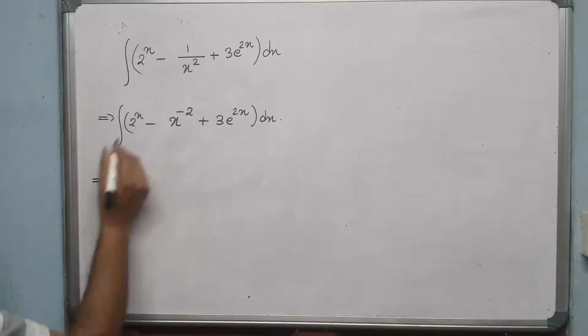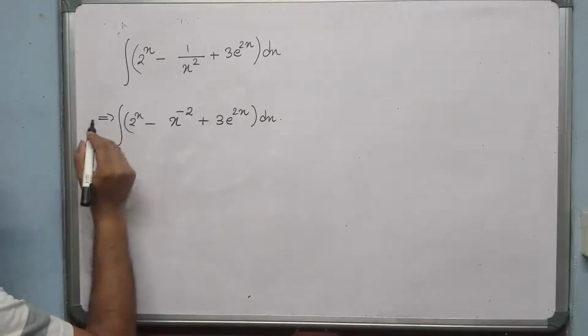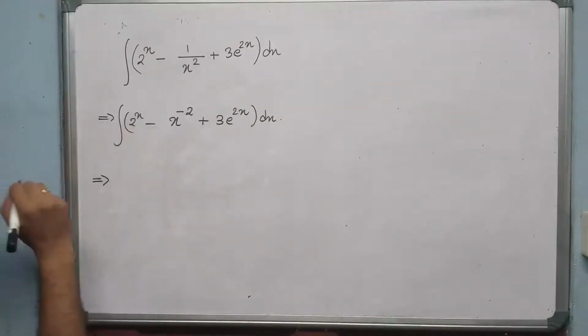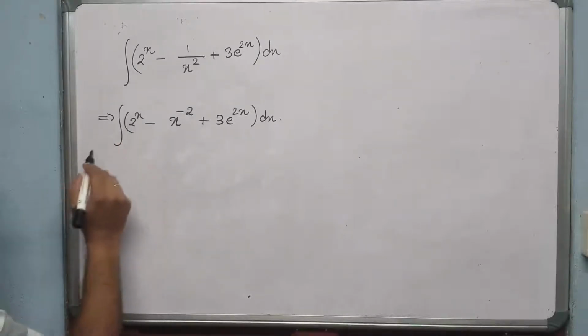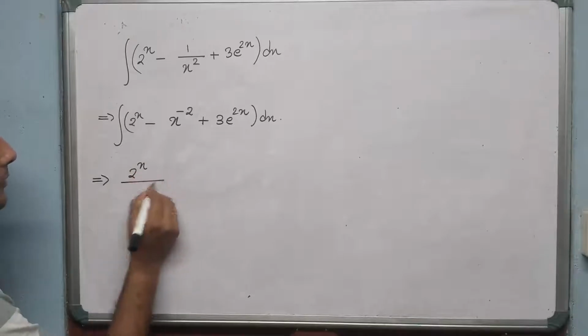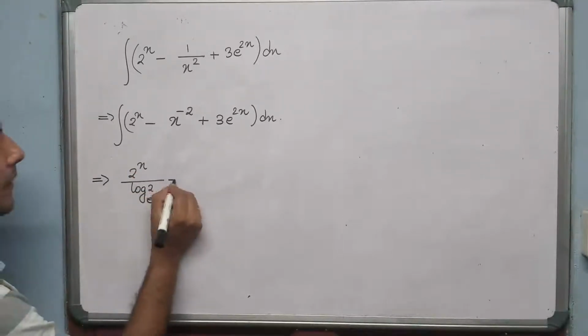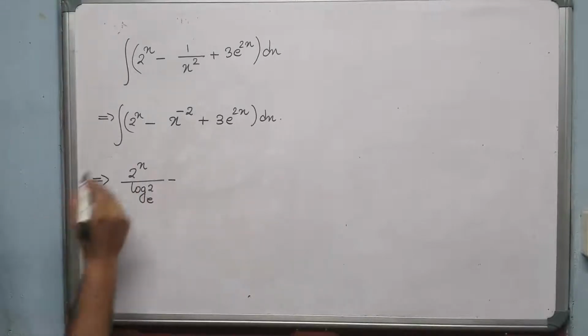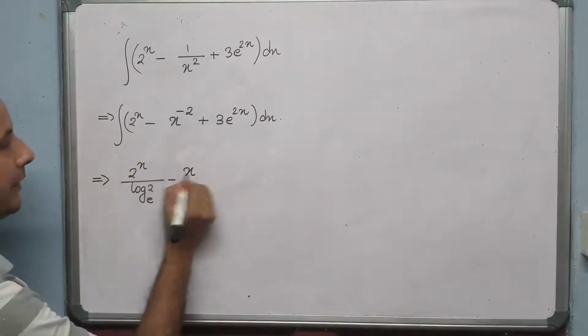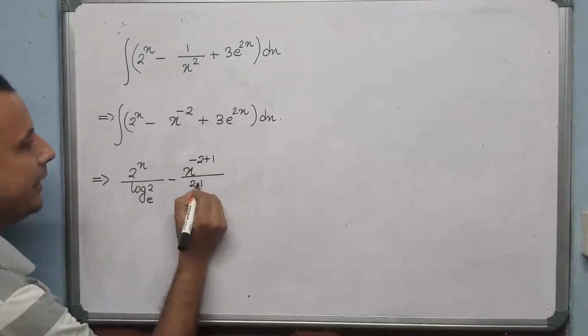Now the integration of 2 to the power x means we have to use the e to the power x formula. Integration of a to the power x is a to the power x over log a to the base e. Minus x to the power minus 2 means we'll use x to the power n formula: x to the power n plus 1 divided by n plus 1.